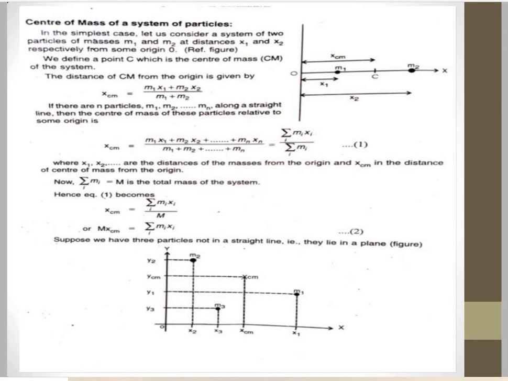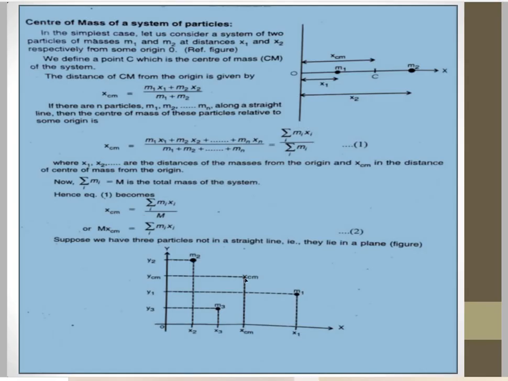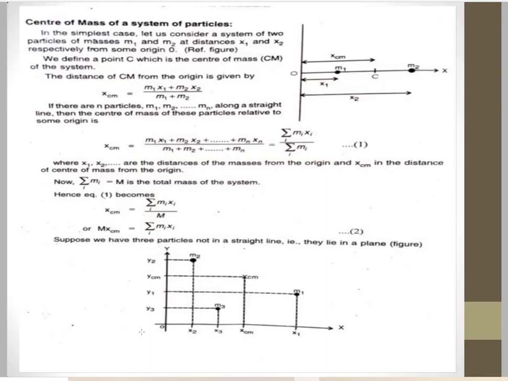Suppose this is the center of mass and its coordinates can be defined by xcm and ycm. So an object placed in a plane, or two dimensions, can be specified by its x component and its y component. So what about the case of the center of mass? The x component of the center of mass is xcm and the y component is ycm. So how can we find out xcm and ycm?